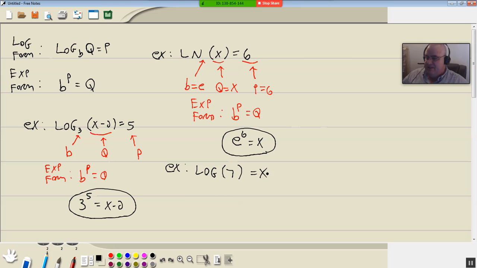Let's say I have log 7 is equal to x. There is no base. It says log, but there's no base. If it says log and there's no base, this is base 10. This is our common log. And then again, whatever follows that is your q, and the other side is your p.